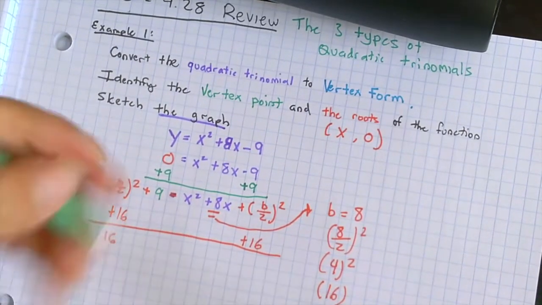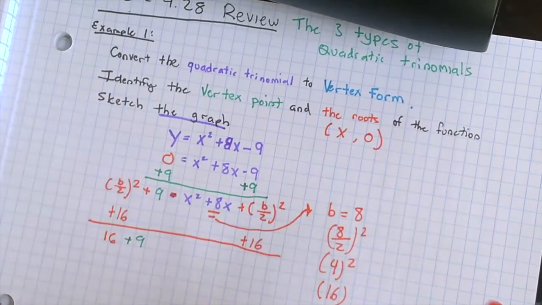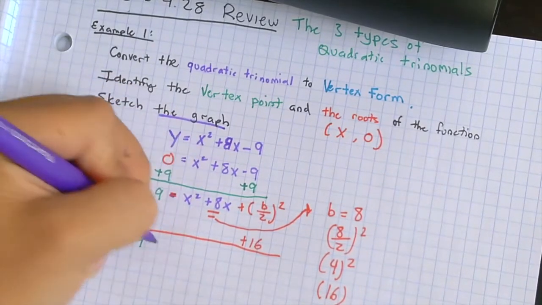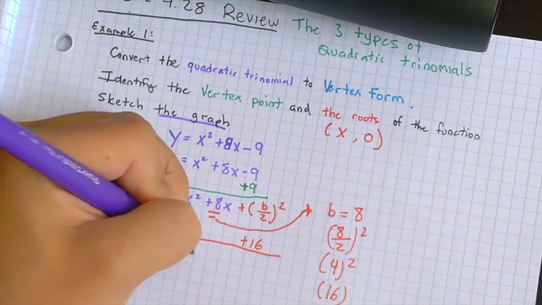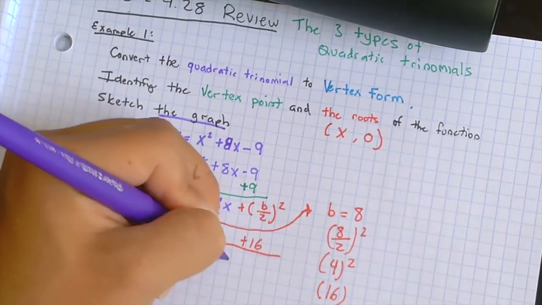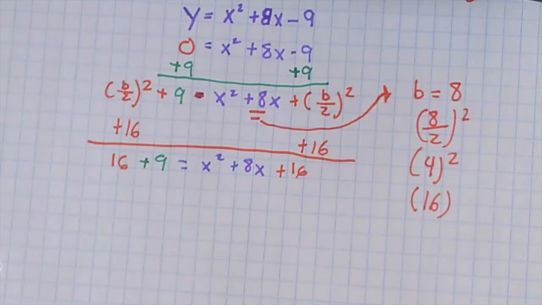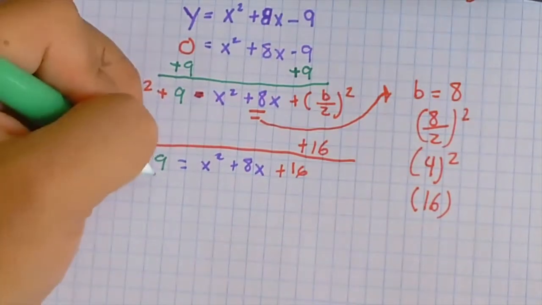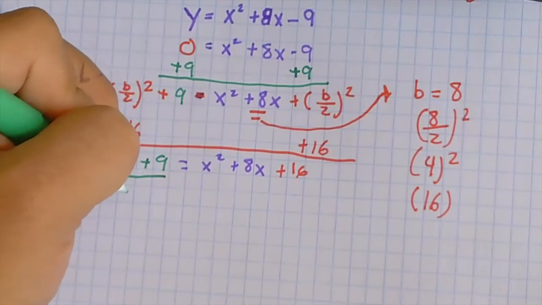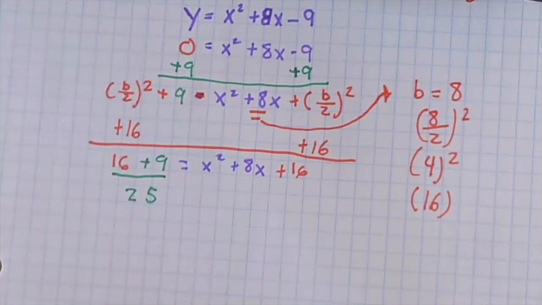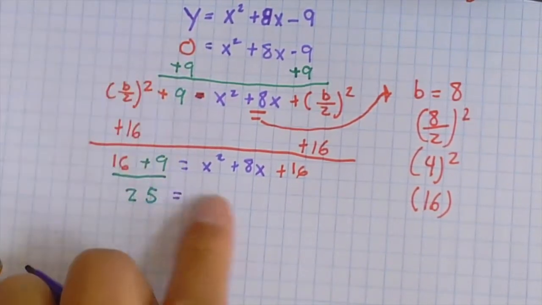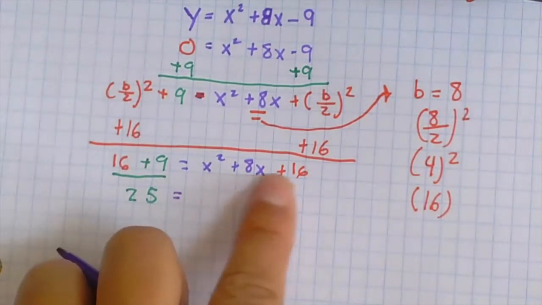16 plus 9 equals x squared plus 8x plus 16. So now we're going to add these two values together. That gets us 25. And we're going to factor this perfect square trinomial.